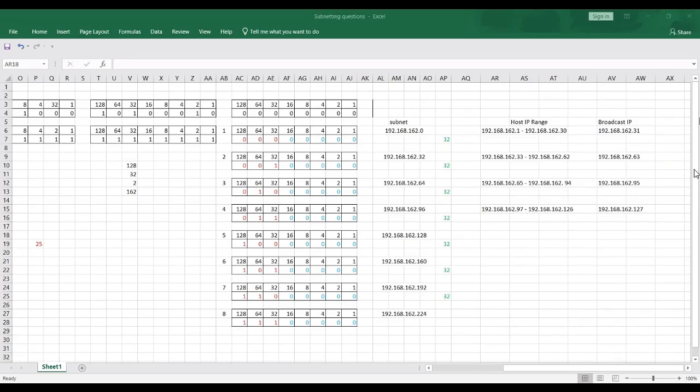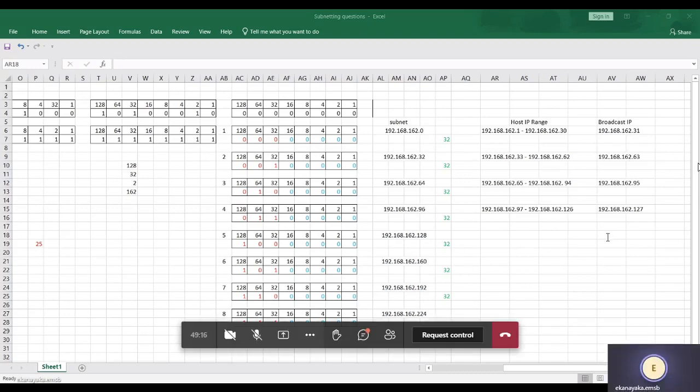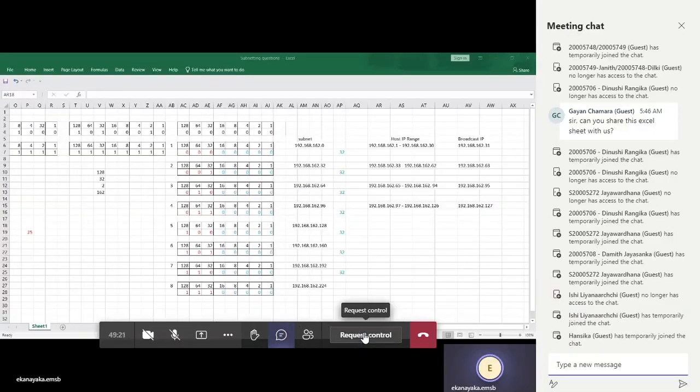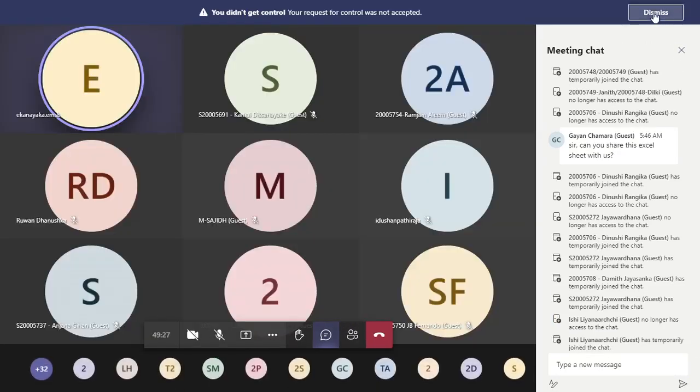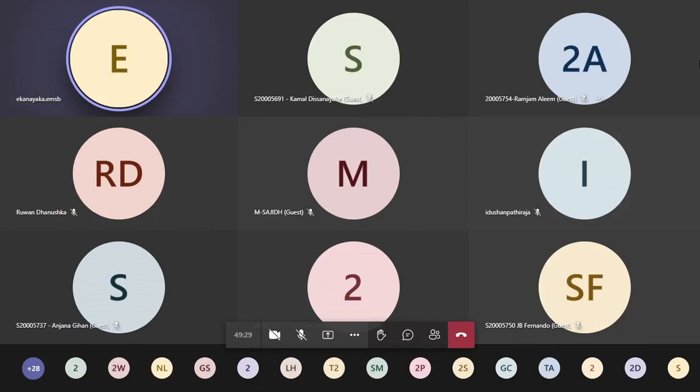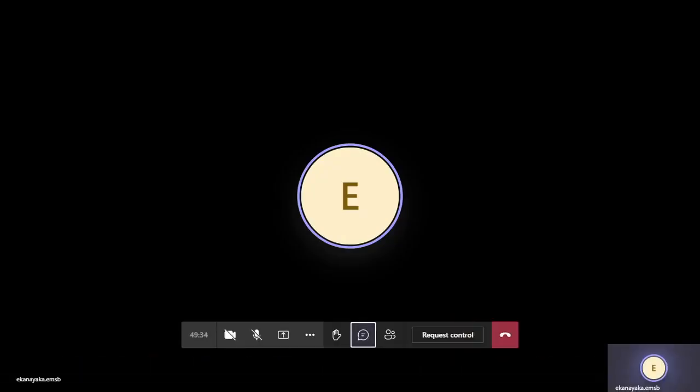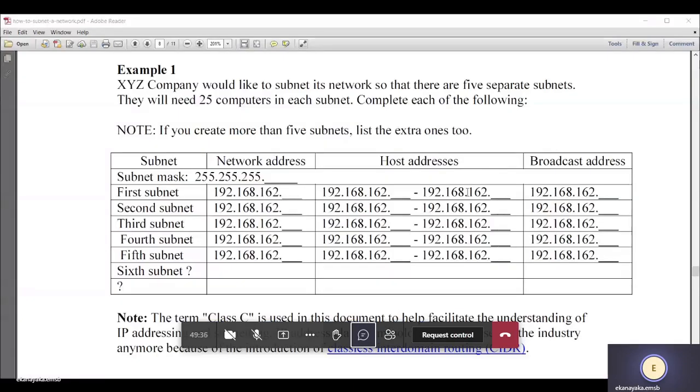Okay. So we'll try another one and we'll finish it off, right? So I'll share the document again, and I'll show you the answers for the things that we have done so far. So if you have done this one, you can correct it if you have made any mistakes, right?